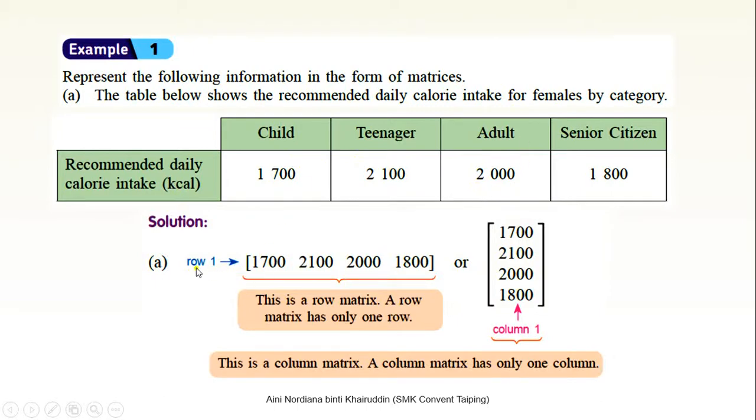It only has one row, for child, teenager, adult, and senior citizen. This is a row matrix. A row matrix has only one row. This data we can also write in the form of a column. So this is a column matrix. A column matrix has only one column.